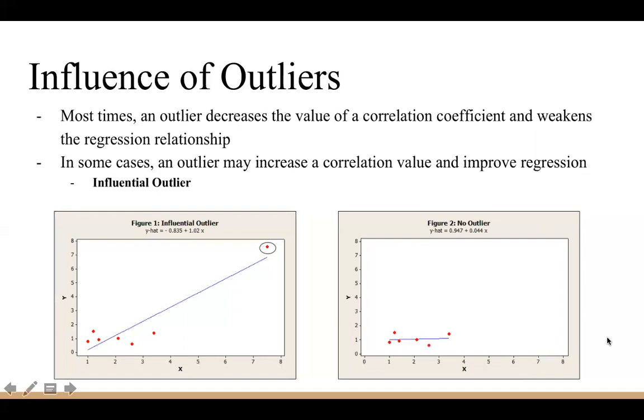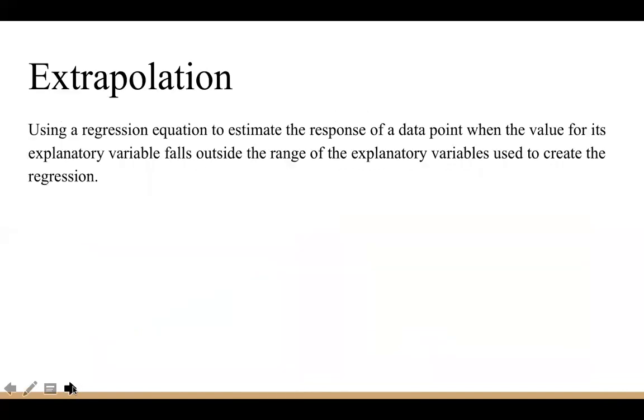You see in the two figures below, figure 1 has the influential outlier, which is circled there, and figure 2 does not have it. You see that the steepness of the line is very different in each. So the influential outlier really has an impact on the slope and the correlation between the two variables. It's just something to pay attention to.